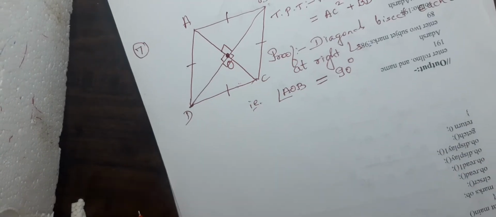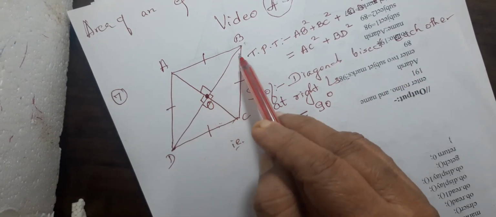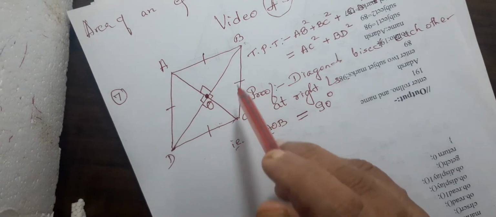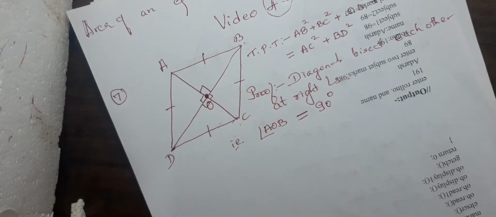You have to think why we are taking it like that. In right angle triangle AOB, AB squared will be the hypotenuse. Then in right angle triangle BOC, BC squared will be the hypotenuse there. In COD, CD squared will be the hypotenuse.